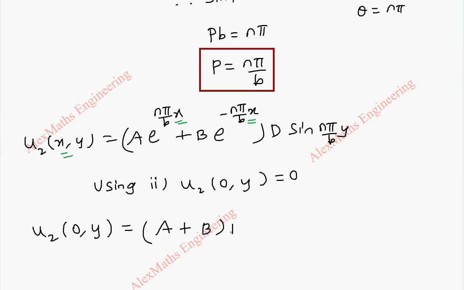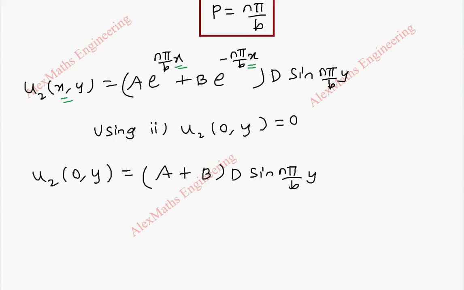So a plus b into d sin n pi by b y, and this value is 0. So I am going to use 0 here. So 0 equal to a plus b into d into sin n pi by b y.